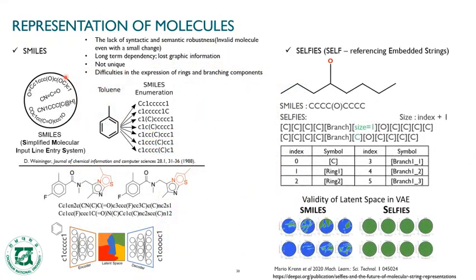The most famous molecular representation in computational chemistry is SMILES. However, these days, issues with SMILES have been raised. For example, in toluene's case, depending on where you start to convert the molecule into a string, there are many different representations.